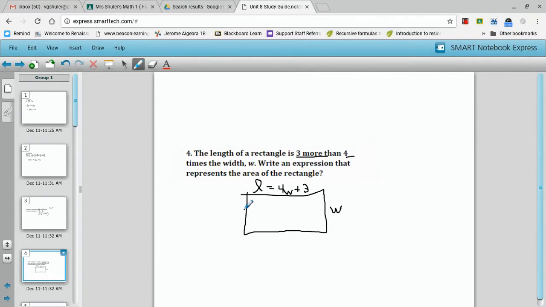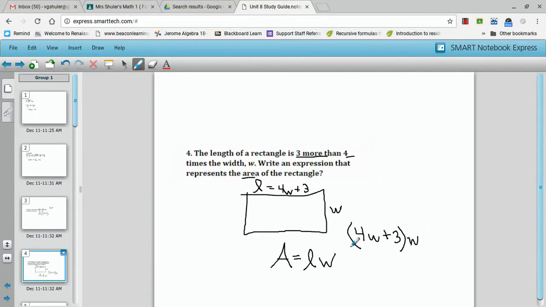So now it says, what represents the area of that rectangle? Well, that means I need to find the area of a rectangle. A equals length times w. So that means we need to multiply this times this. So (4w plus 3) in parentheses times w.